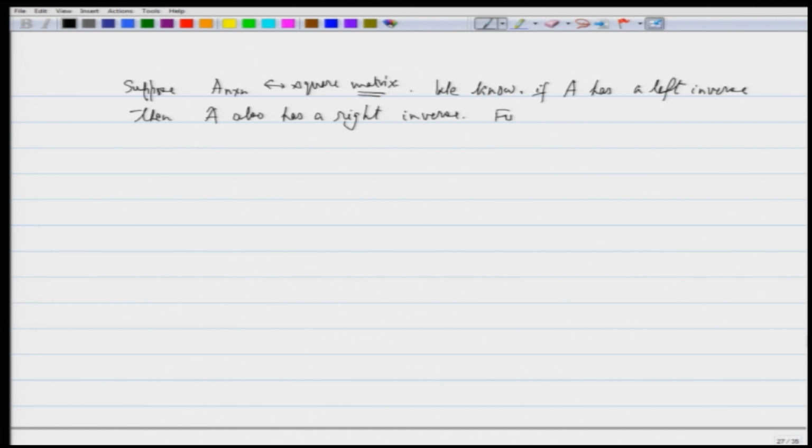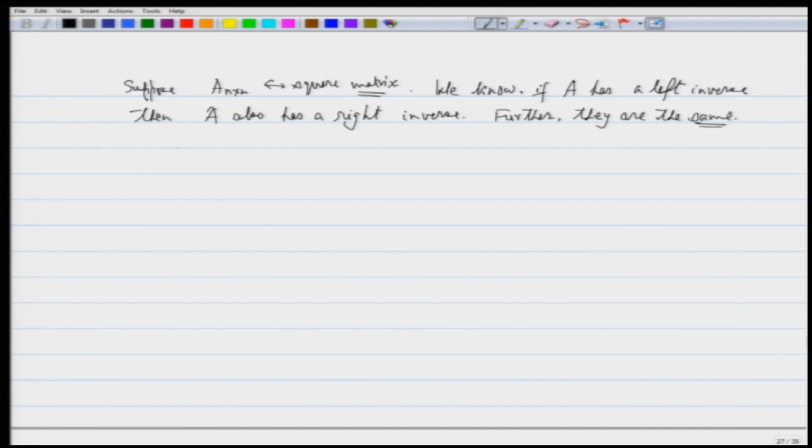Further, they are equal, they are the same. So, here I will just prove that if the inverses exist, then they are the same.